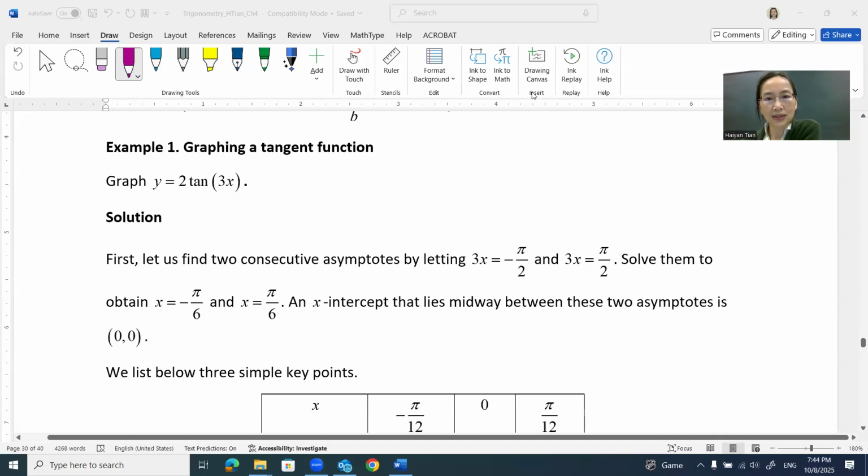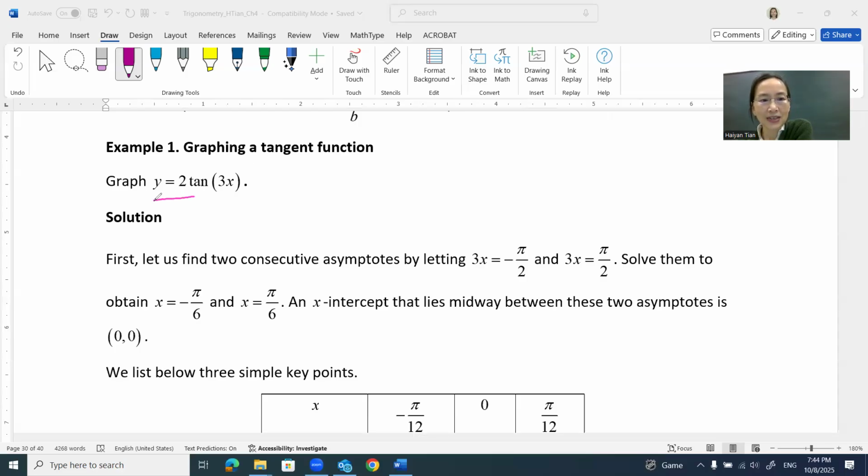Let's actually look at a specific problem. Here in this function, you see there's a number 3 and a number 2. We want to sketch such a variation of the tangent function.